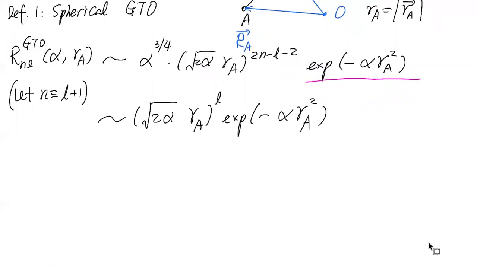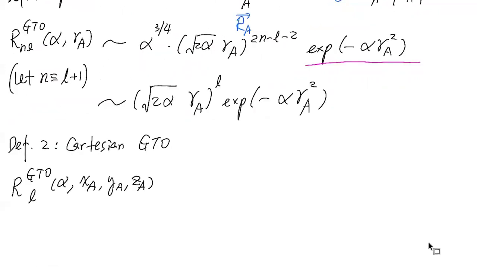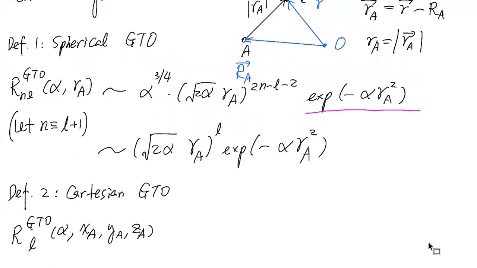Another definition, which is also very commonly used, is called the Cartesian definition. The Cartesian Gaussian type orbital, a Cartesian type GTO, depends on a parameter and XA, YA, and ZA. Right? Because here we have RA.